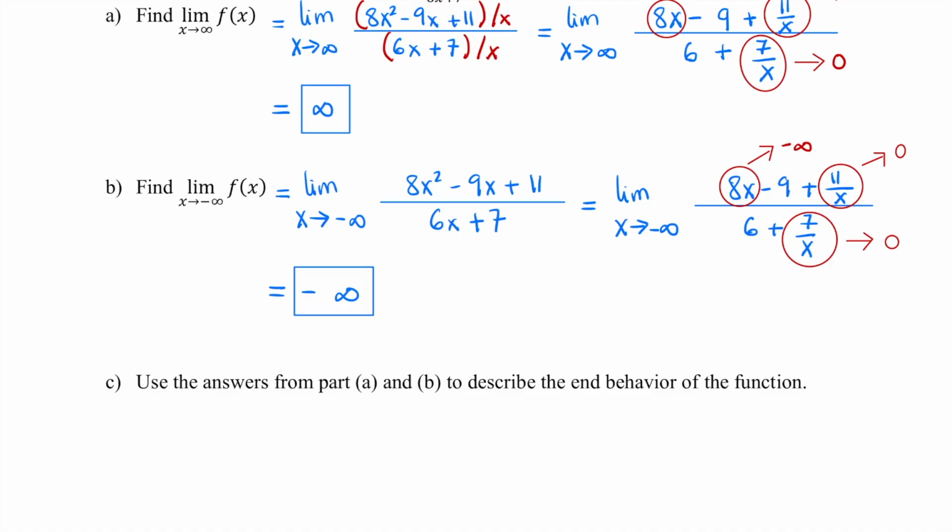Question C. I want to describe the end behavior of the function. As x approaches infinity, the function increases without bound. As x approaches negative infinity, the function decreases without bound.